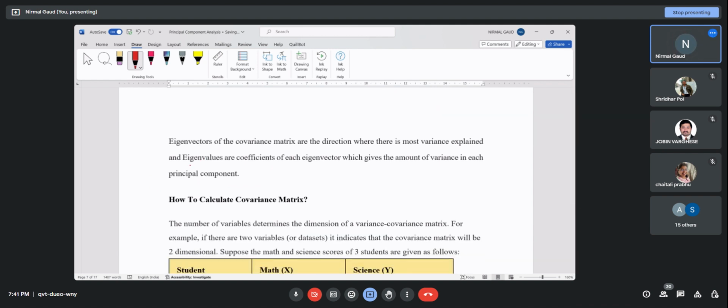Eigenvectors of the covariance matrix are the directions where most variance is explained.